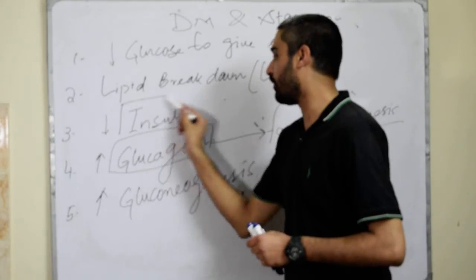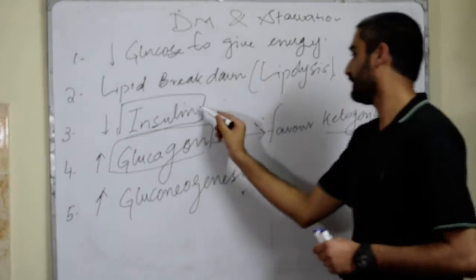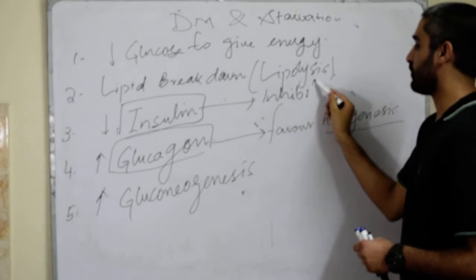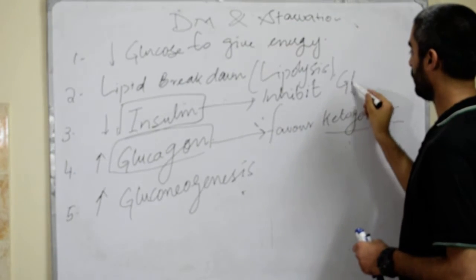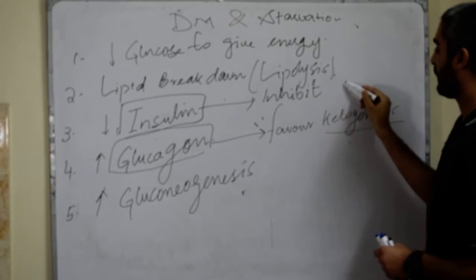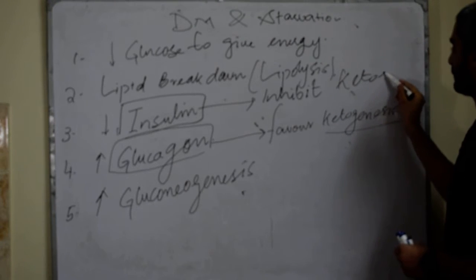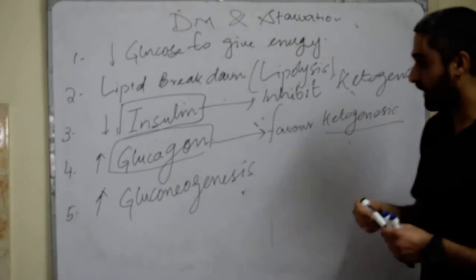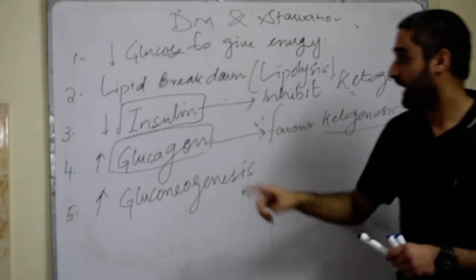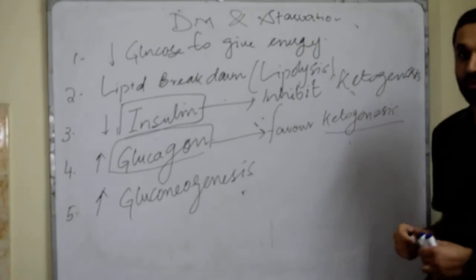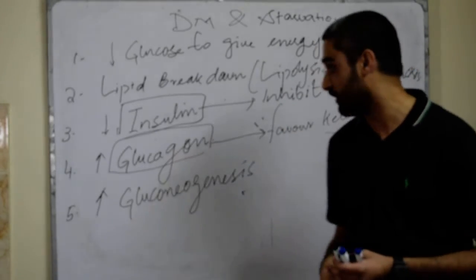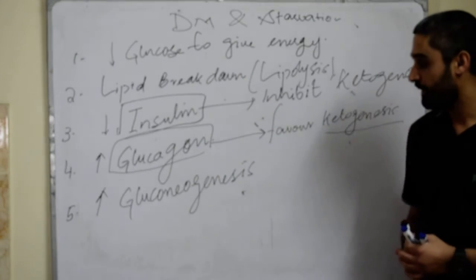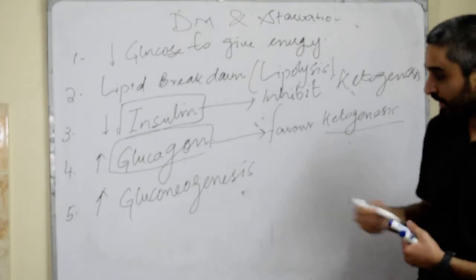Insulin hormone will inhibit ketogenesis. So glucagon is a ketogenic hormone and insulin is a non-ketogenic hormone. Glucagon favors the formation of ketone bodies and insulin inhibits their formation.